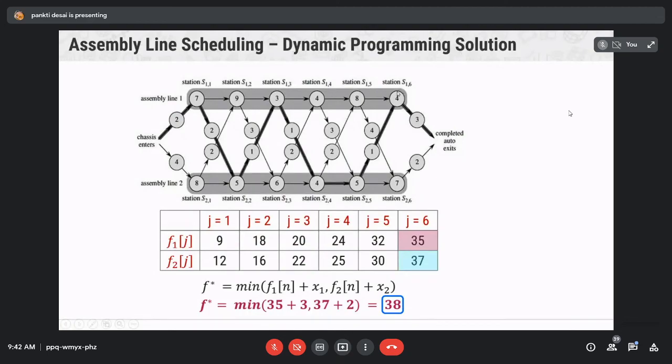This will be the optimal path for this assembly line scheduling problem.